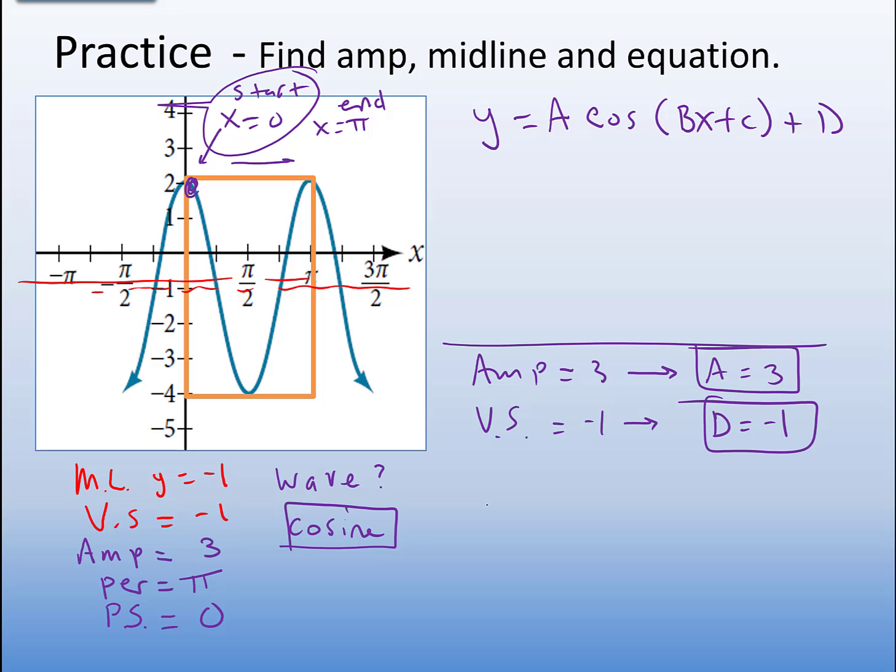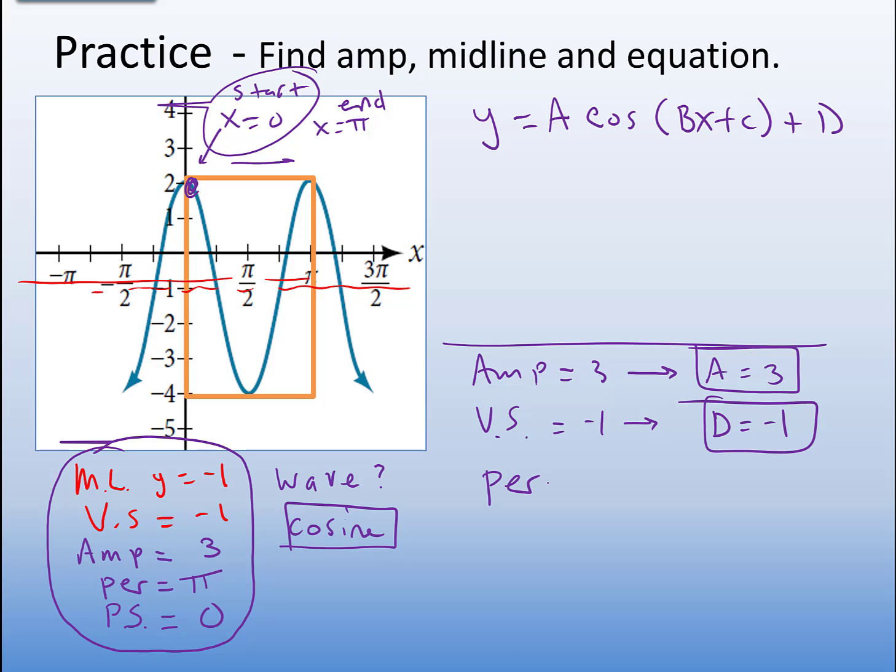Okay, I want to drive this point home one more time. These parameters, the midline, amplitude, period, phase shift, and vertical shift, don't necessarily directly give us B and C. A and D, yes, but not B and C. B and C, we have to work for those 2 coefficients. So B is tied to a formula, and the formula is tied to period.